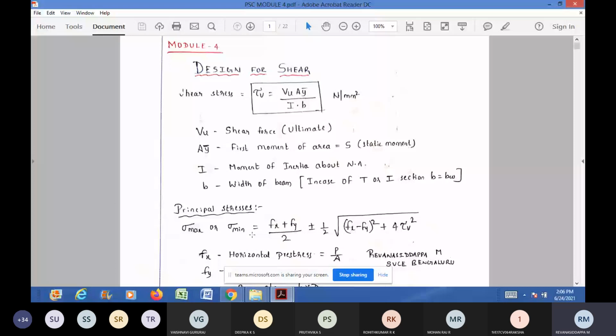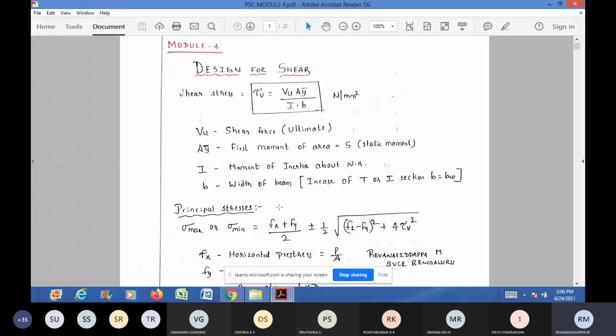And in the problems, he will also ask you to find the principal stresses. What is the meaning of principal stresses? It means the maximum and the minimum stresses which the section may undergo for the given loading condition.